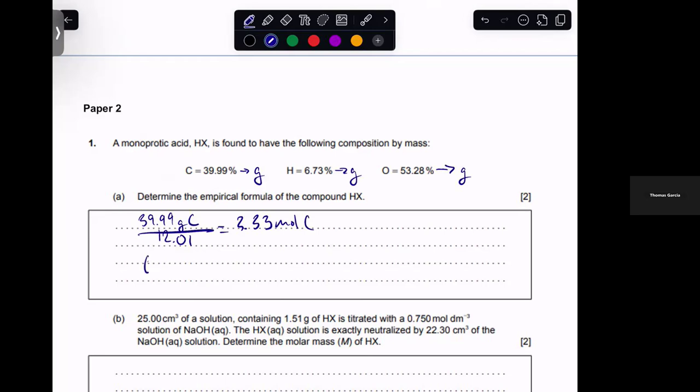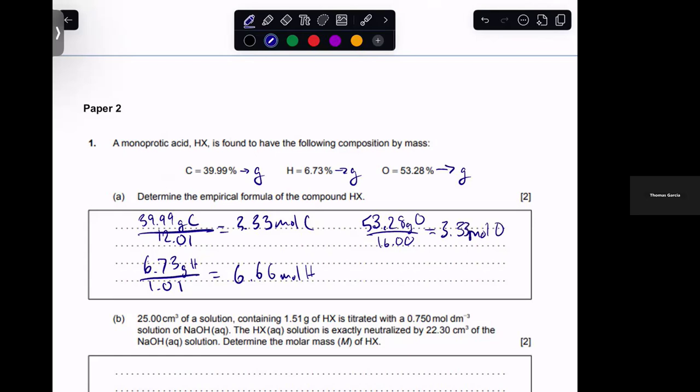For the next one, 6.73 gram hydrogen divided by 1.01, and you get 6.66 mole hydrogen. Lastly, oxygen, 53.28 gram oxygen divided by 16.00, and you get, again, 3.33 mole oxygen.